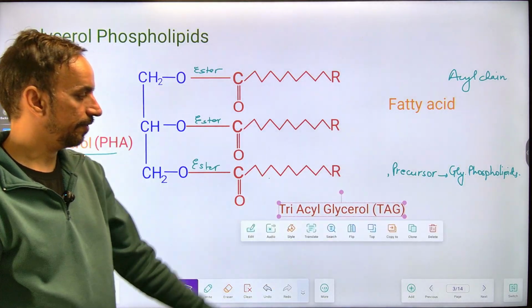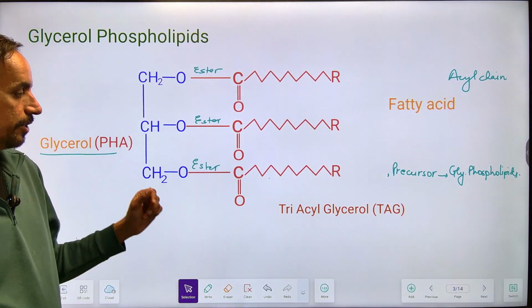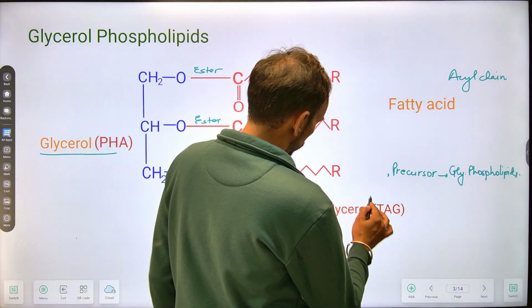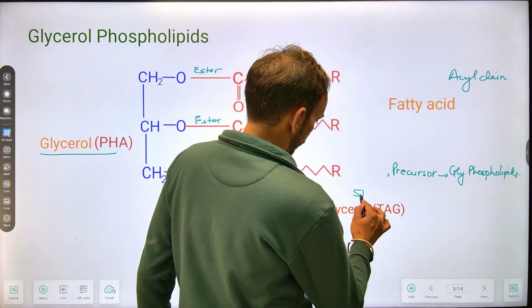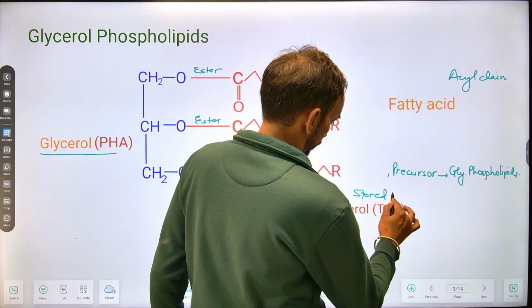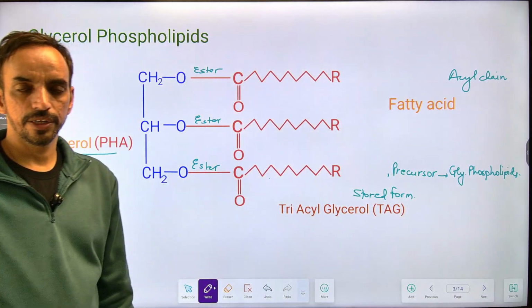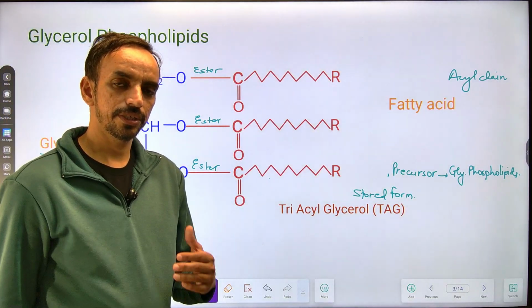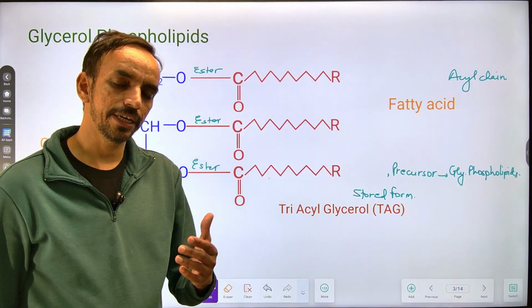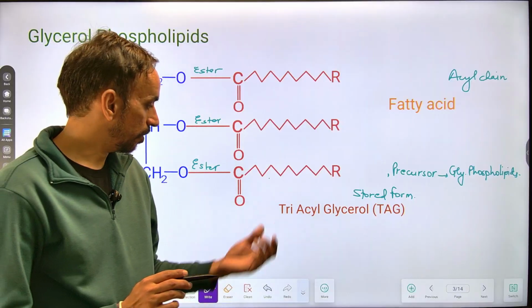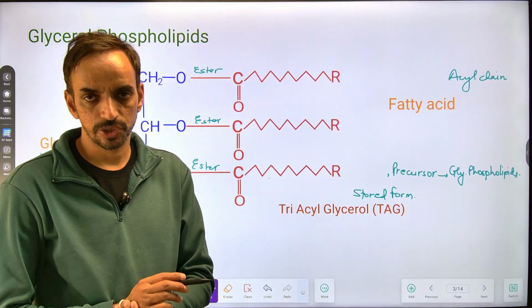This is the structure of a triacyl glycerol. Now this triacyl glycerol is the stored form of lipids. The lipids are stored in the form of triglycerides or triacyl glycerols.